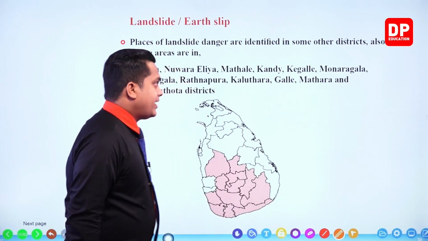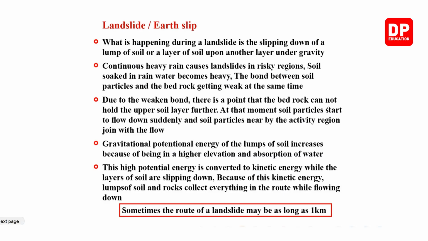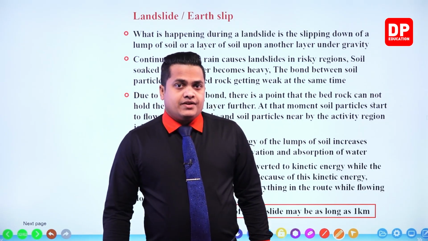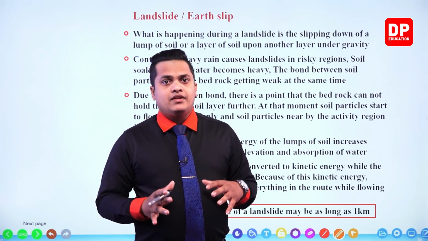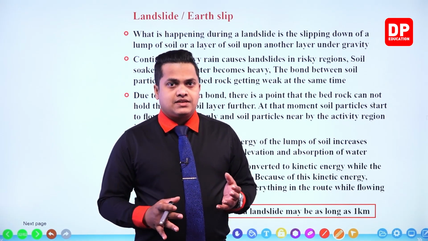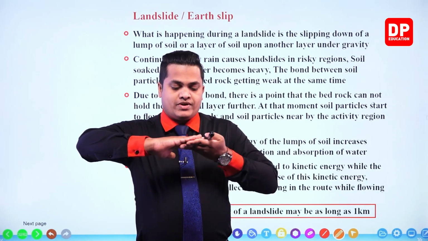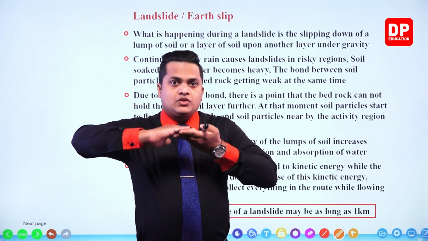Right then. What is happening during a landslide is the slipping down of a lump of soil or layer of soil upon another layer under gravity. Like I said, my dear children, the main reason for a landslide is this. Let's imagine that my two hands are the two layers.